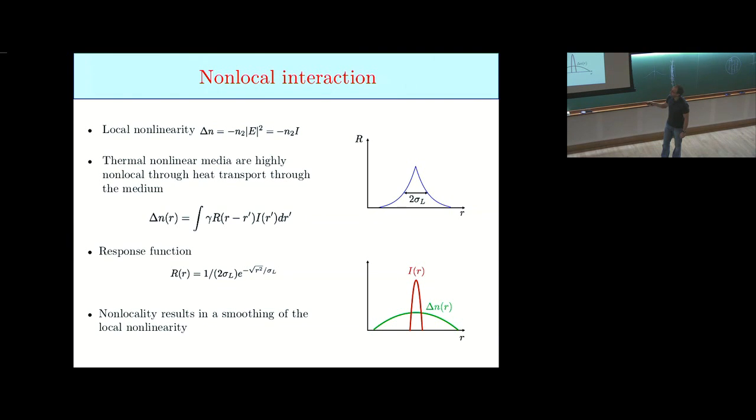If you plug that in and calculate, you can ask what the non-locality actually does to the delta n. Well, instead of having a response like this, you get something that looks like this. It spreads it out. It reduces the amplitude a little bit, but the most important thing is that it spreads out the interaction. So photons over here can feel what the photons over here are doing.